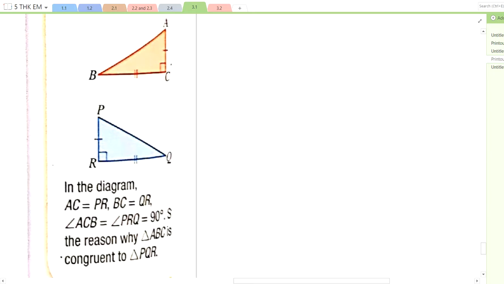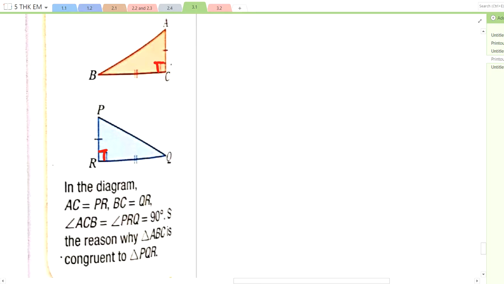Think about it. I give you options, RHS, SAS. Why SAS? Because there's no hypotenuse. I've got the angle, which happens to be 90 degrees, in between the two sides.